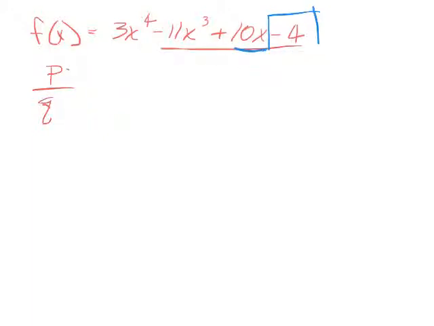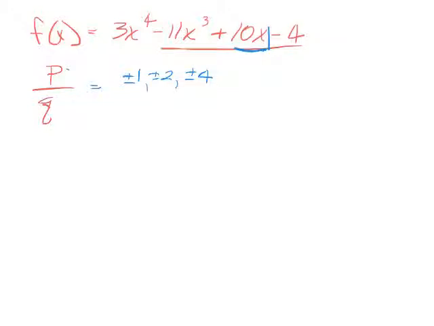Alright, so in order to solve this, we're going to look at the factors of P first of all, which again is the last number. So I'm trying to find numbers multiplied together that give me -4. Plus or minus 1, plus or minus 2, and plus or minus 4.